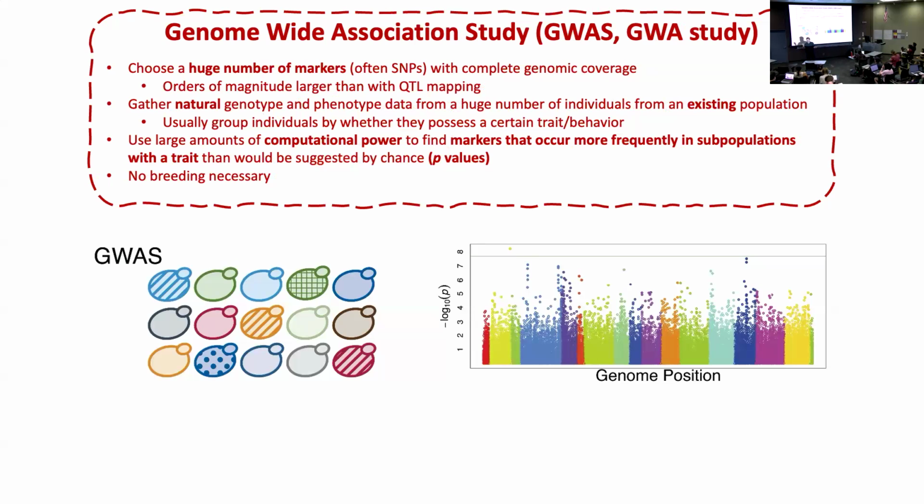And so for each marker, you basically can calculate a p-value, which represents the probability that you're just there by chance as opposed to being there because of the trait.